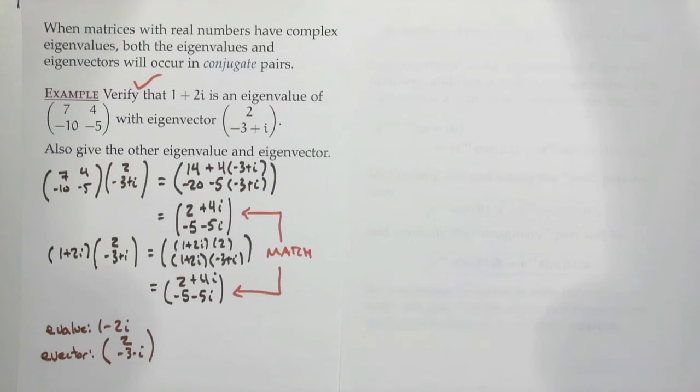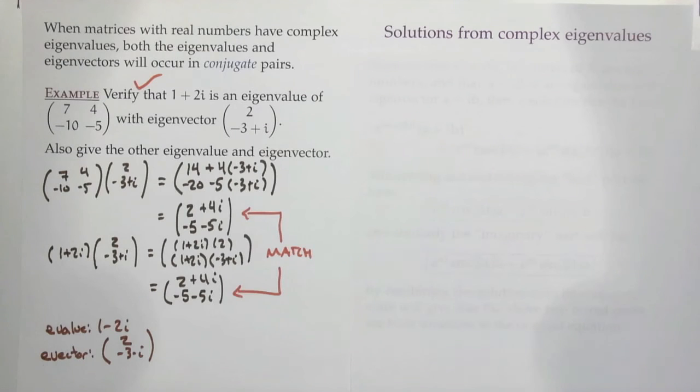So that once you have one eigenvalue-eigenvector pair, you have the other one for free. But actually, for our purposes, we're going to do things a little bit simpler in some sense. Okay, so our next goal is to talk about solutions from complex eigenvalues.